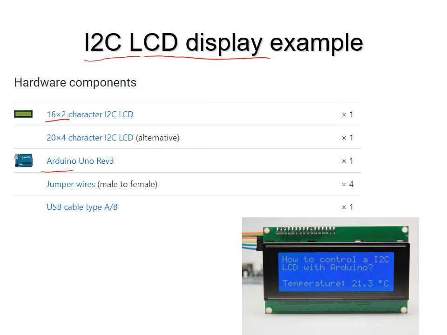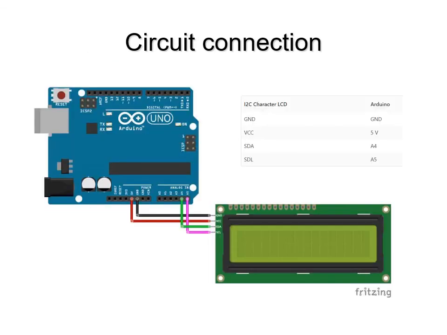You have an Arduino board, some jumper wires, and a USB cable to connect to your personal computer. Okay, now this circuit shows you the connection of the Arduino and the LCD board. You can see we simply connect 4 wires with the ground, VCC, and also the A4 and A5 for using the I2C. And you can see the table for the connection here.